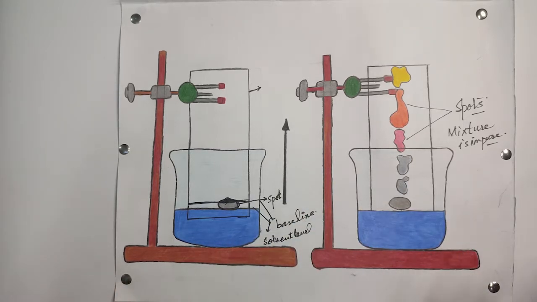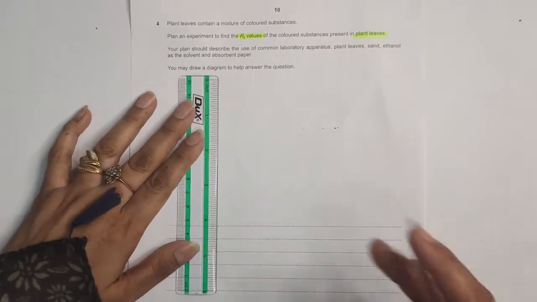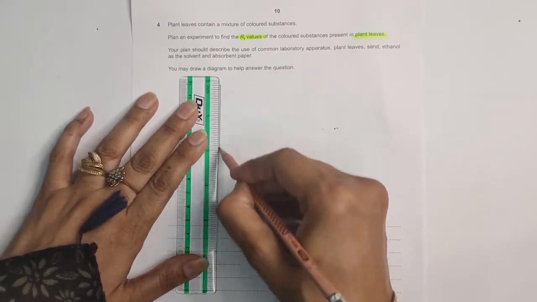Now how will we draw this diagram in the paper? We have to draw the diagram to show the chromatography technique. First of all, we will make a chromatogram.